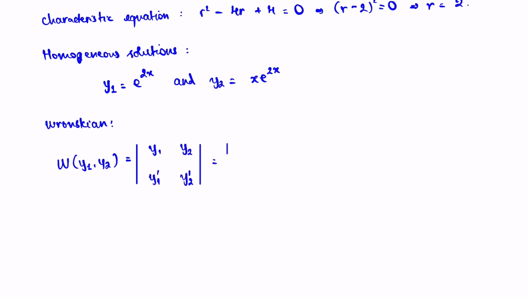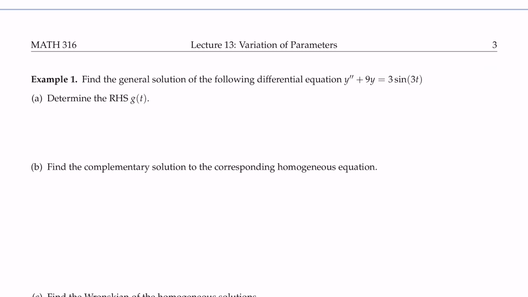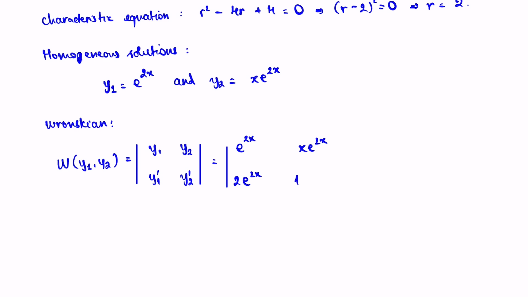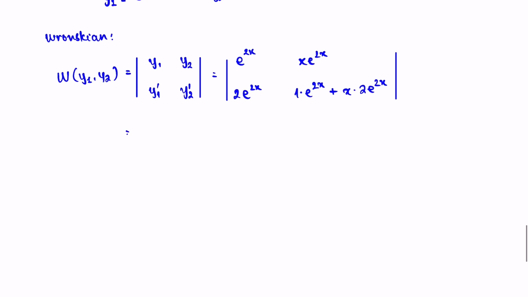Here y1 is e to the 2x, y2 is x times e to the 2x, y1 prime is 2 times e to the 2x, and y2 prime is 1 times e to the 2x plus x times 2 times e to the 2x. You calculate this 2 by 2 determinant, and you get e to the 2x times (e to the 2x plus 2x e to the 2x) minus 2 e to the 2x times x e to the 2x.